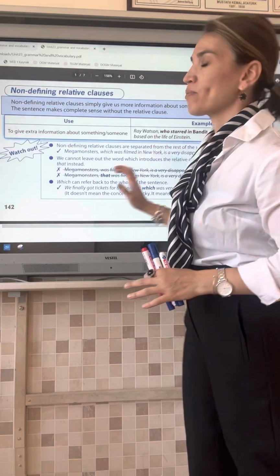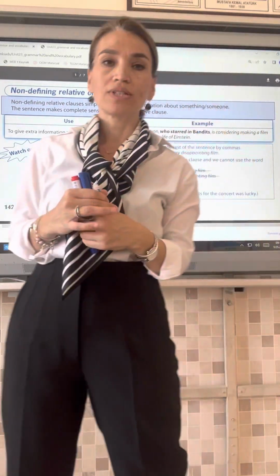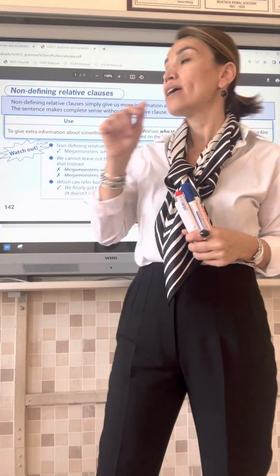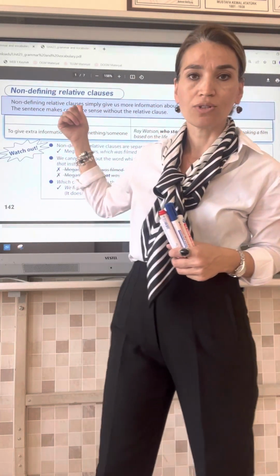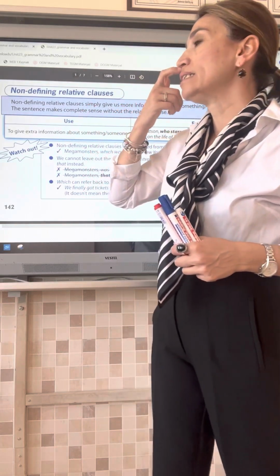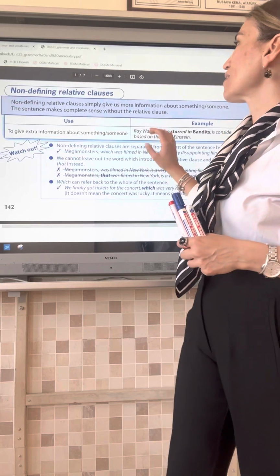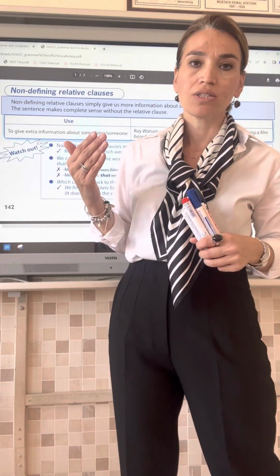Now, non-defining relative clauses. We have two types of relative clauses. The first one is the non-defining relative clause. Non-defining relative clauses simply give us more information.